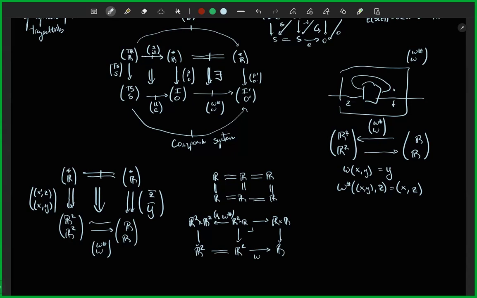Okay, and then of course I've drawn this in a new color. Here you can see this coming in, that's x, y.